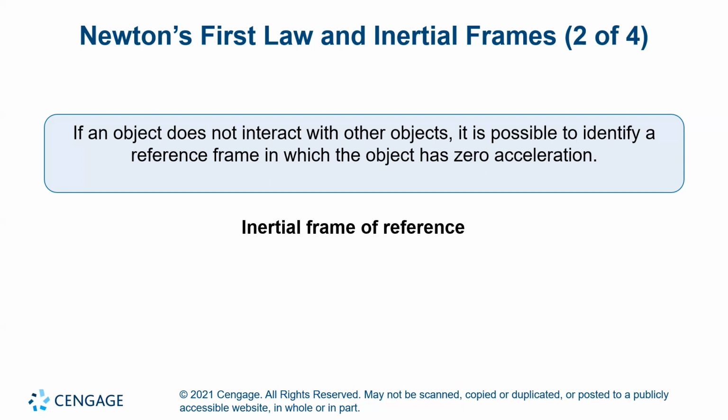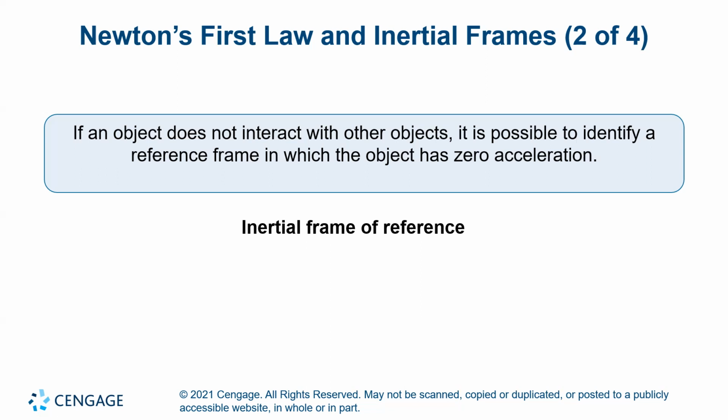So, for example, when you are on a train moving at constant velocity, any reference frame that moves with constant velocity relative to an inertial frame is itself an inertial frame.